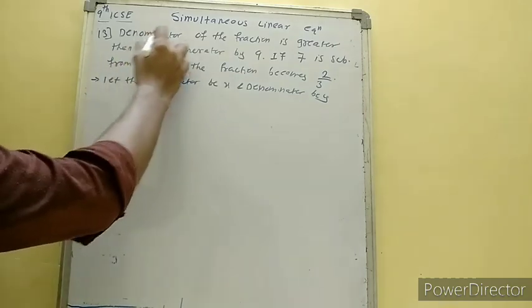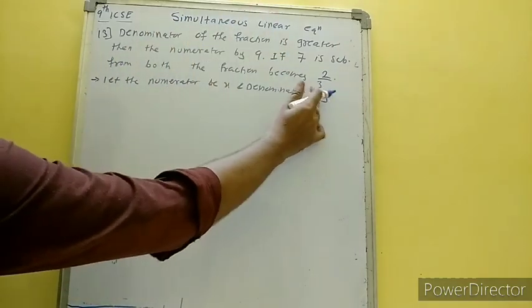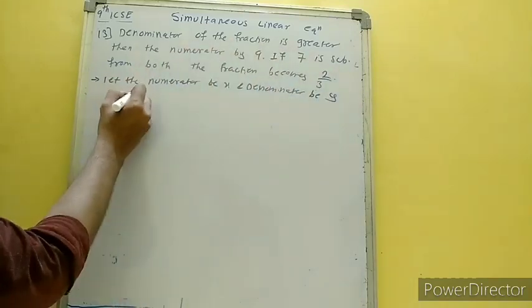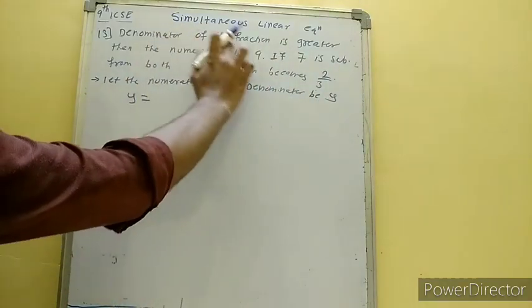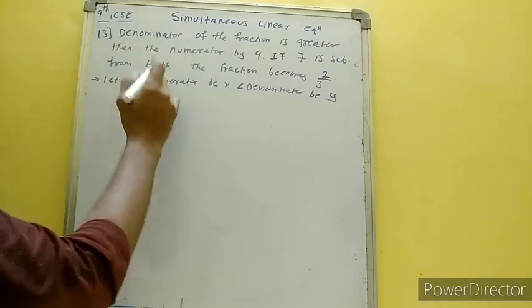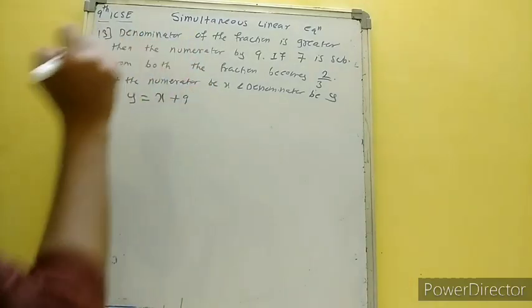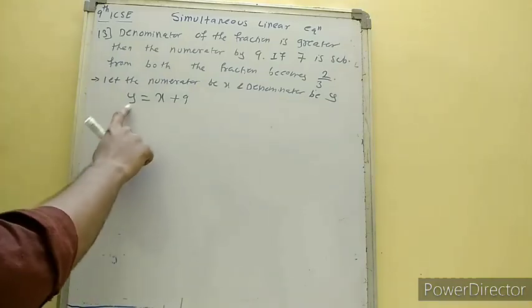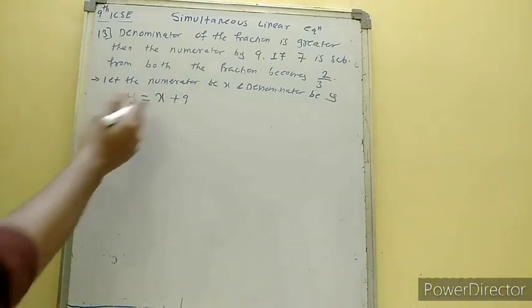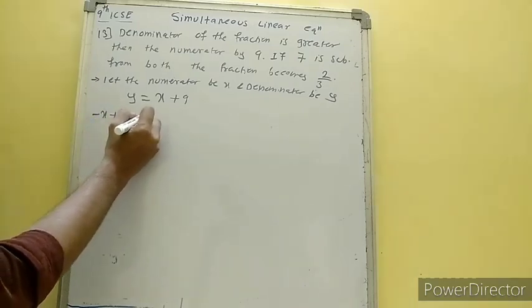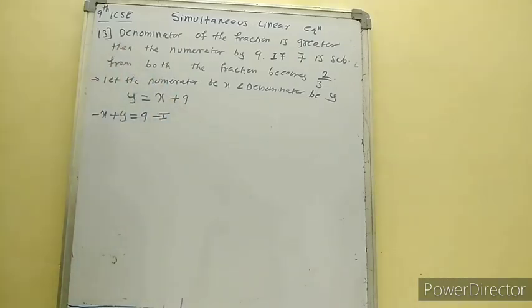The denominator of the fraction is greater than the numerator by 9, so it is x plus 9. The plus x will come to this side. We have minus x plus y is equal to 9.